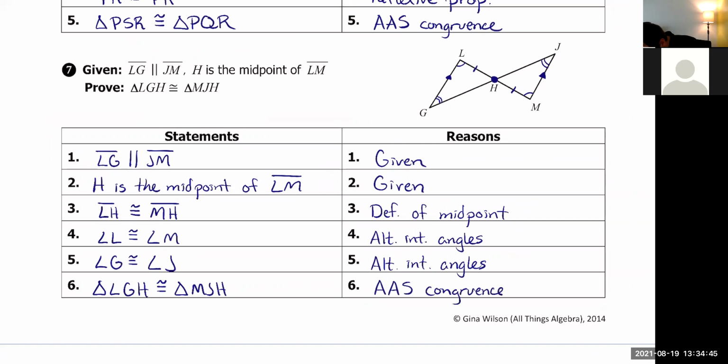We also put in the midpoint too. We could have. There's actually a couple different ways we could have done it. And so long as you can defend your statement, I'm not going to be picky. The only time I might get a little bit picky is if I ask you to prove it with a specific type of congruence and you find it a different way. What I might do is make a little note, say, hey, you are right, but I was looking for this way. I'm probably not going to count off that much, if any. But yes, we could have proven it with angle side congruence another way.